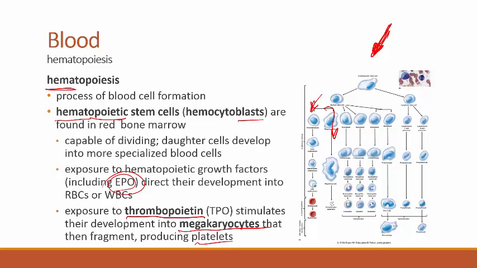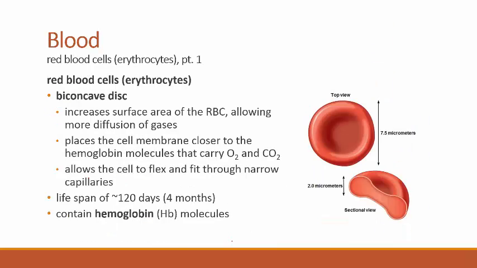Okay, so that's hematopoiesis in general. We're going to stay focused on erythropoiesis. So red blood cells, again called erythrocytes, are very specialized cells. They have this shape. It's referred to as a biconcave disc because there's a concave surface here and a concave surface here.